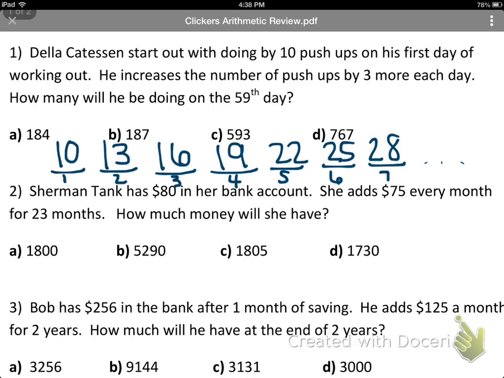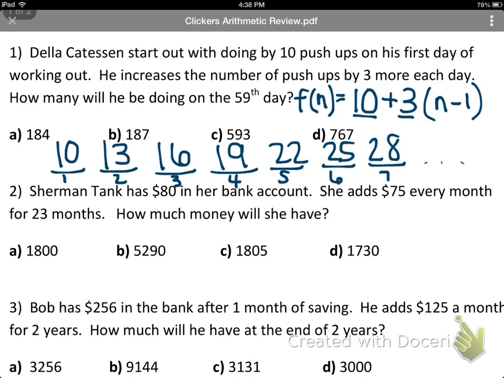So we could write our explicit formula that looks like this. And our first term, if we're going to use the minus 1, is going to be 10 in this pattern. And then our slope is 3. It's 3 more every day.